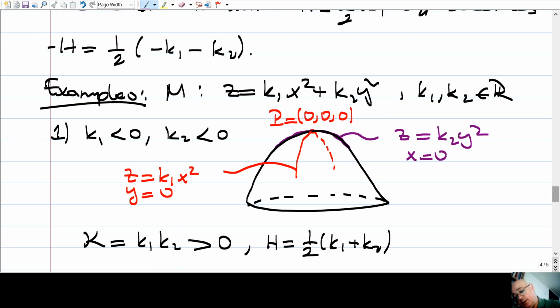In both cases, let me choose my normal vectors pointing upward. So this is my normal vector u, and my point P is 0, 0, 0, this point.